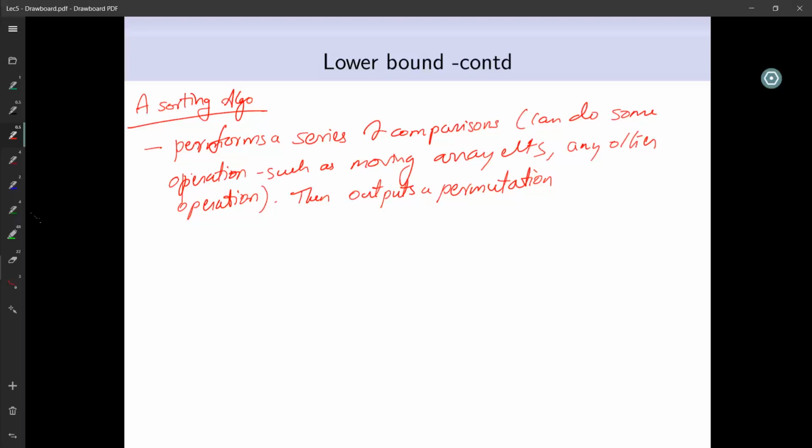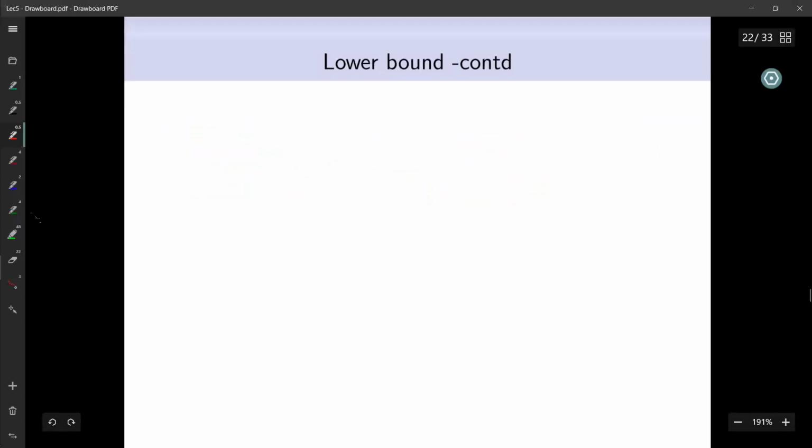Now the important point, a viewpoint that actually helps us. We are going to view the algorithm as a tree, a decision tree view. Let's imagine, this is the start.